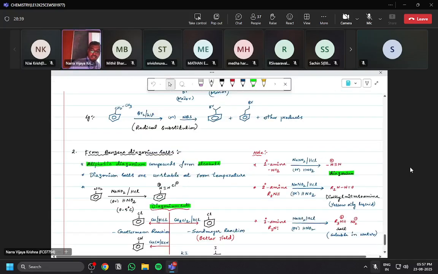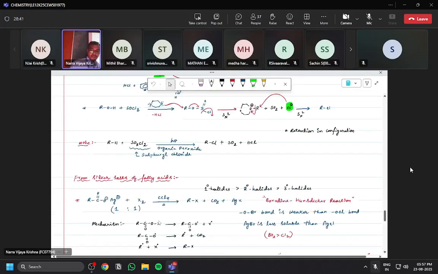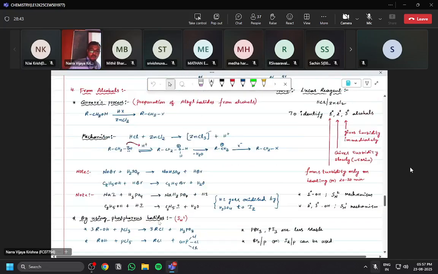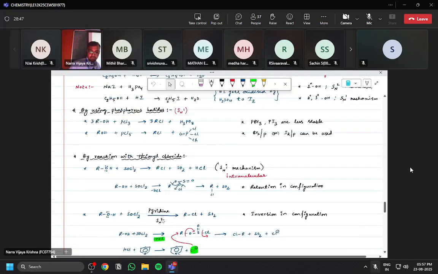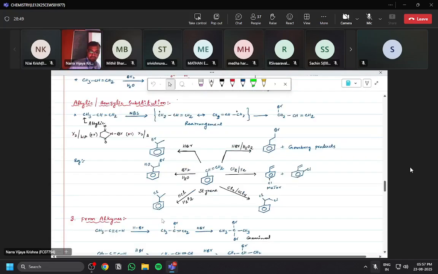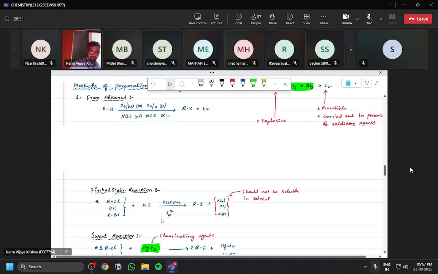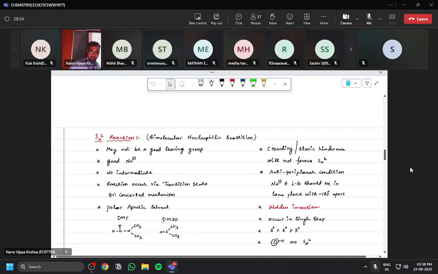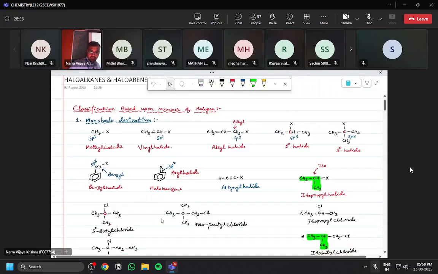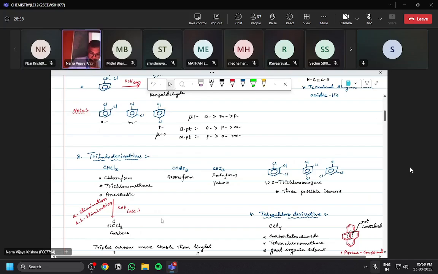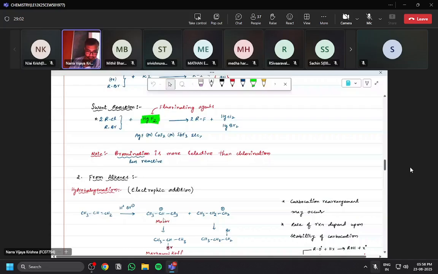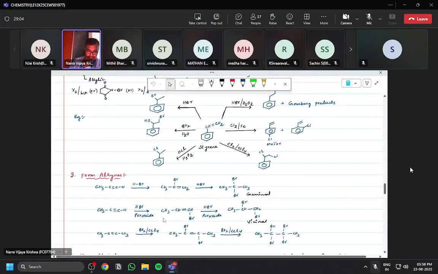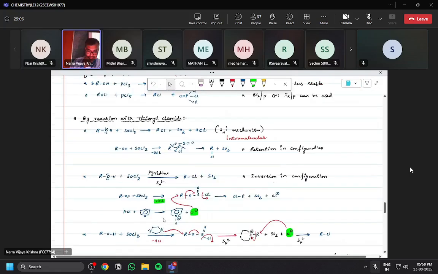If it is silver salts of fatty acids to form alkyl halides, various preparation methods are there, from alkenes, from alcohols.